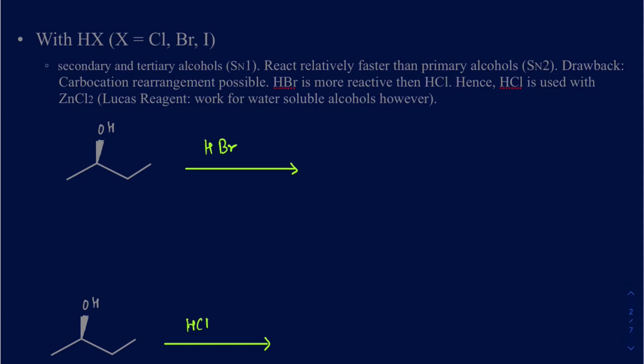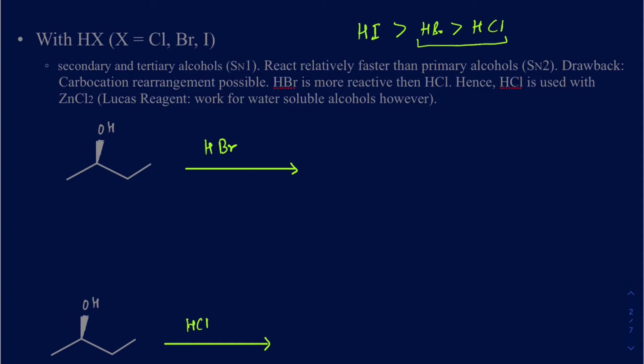Now, if I want to compare HBr and HCl in terms of acidity, I know HI is the most acidic, followed by HBr, followed by HCl. So HI would be reacting much faster here. But if I'm comparing between HBr and HCl, HCl is not as reactive as HBr.